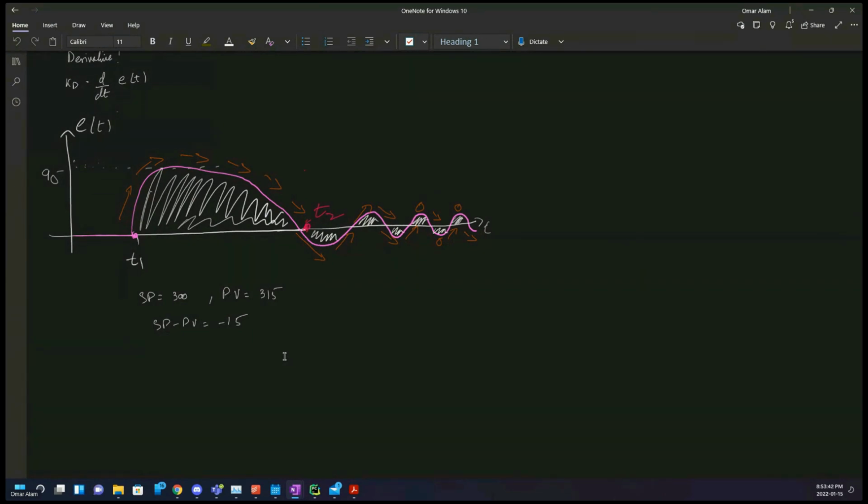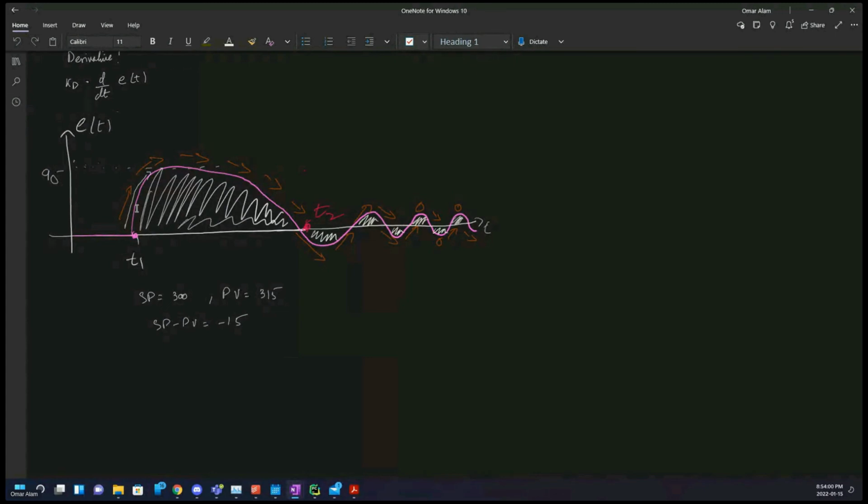All right, so what we can do is we can take the value of the derivative. These orange lines basically represent the derivative. They're almost tangent lines. So from here to here, the value is positive.